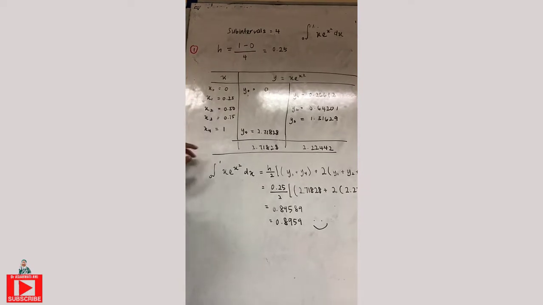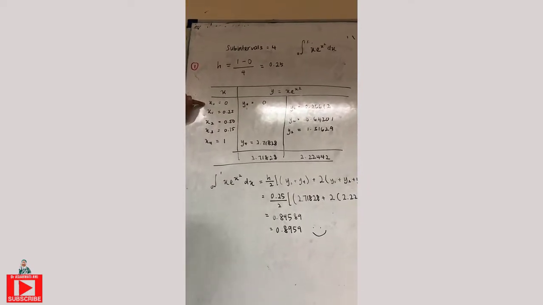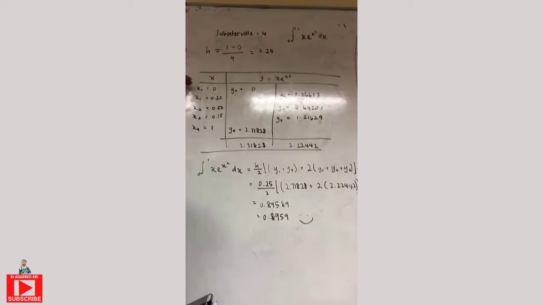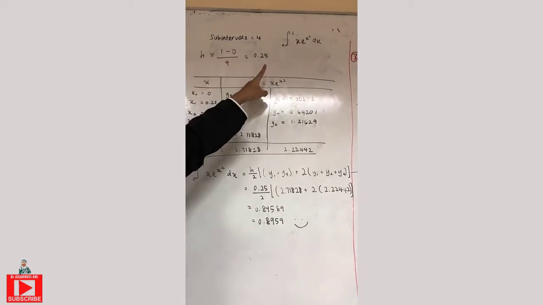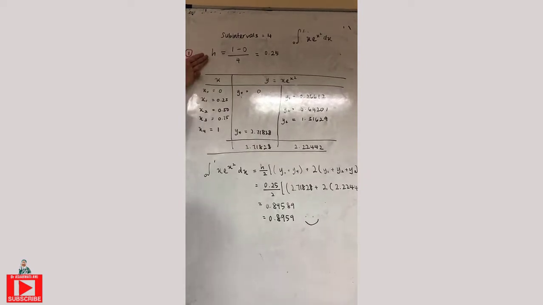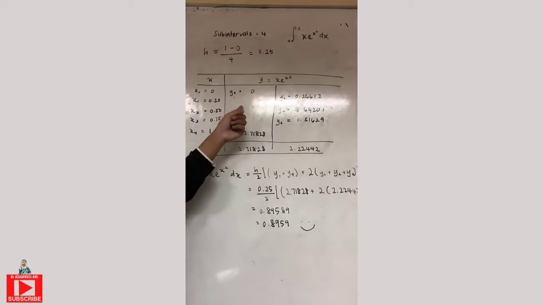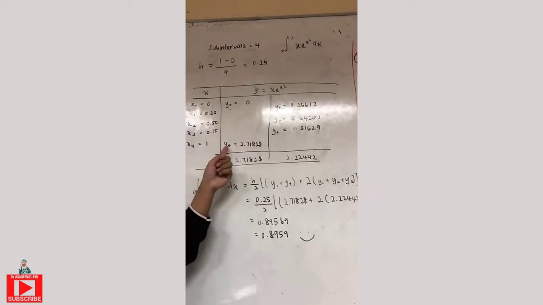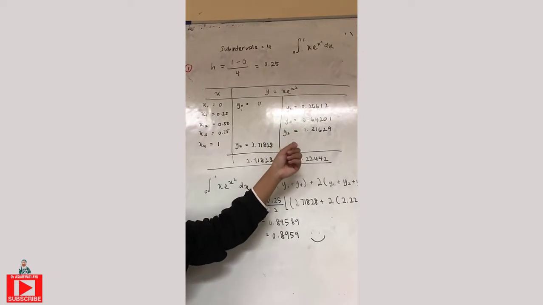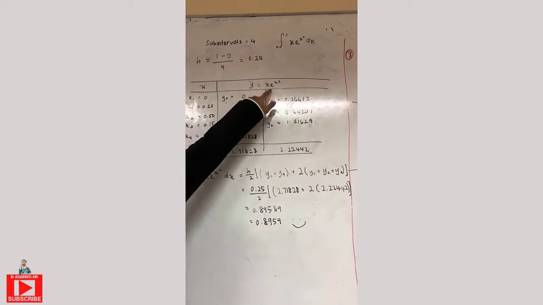So we do this table. We start with x0, that is kita ambil nilai a kosong. Kita tambah dengan h tadi, tambah sampai dapat nilai 1 tu. Lepas tu kita buat y0 dengan y4 dekat kolom ni, y1, 2, 3 kolom ni. So kita substitute dalam formula ni.